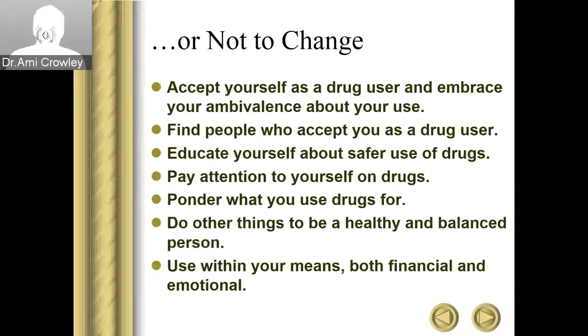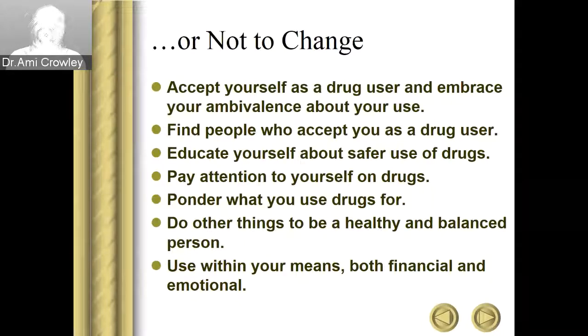And then, of course, they have the right to not change. They can accept themselves as a user and embrace their ambivalence about their use. They can find people who accept them in that way, especially if they're experiencing relationship struggles due to their addictive behavior. They can educate themselves about safer use of drugs.